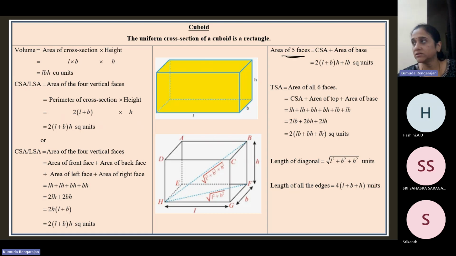Area of 5 faces: CSA plus area of the base or the area of the top, whatever. 5 faces means the 4 lateral surfaces and the area of the base or the top, whichever. Because the area of the base and top will be the same, right?